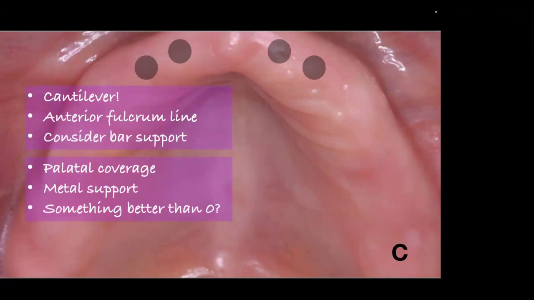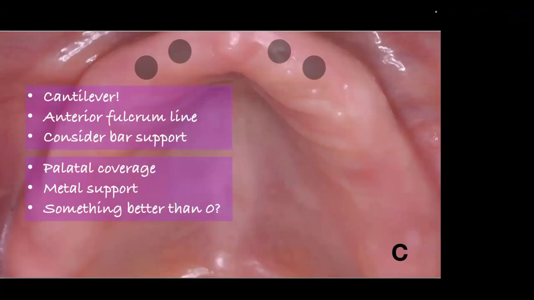So let's look at this scenario here. We have 4 implants. Everybody's in the anterior, right? So now here we are again with a cantilever. Our fulcrum line is way up front. Somebody like this, if you have the vertical space, so let's touch on that a little bit. For a traditional abutment with the housing, you only need really a few millimeters, right?